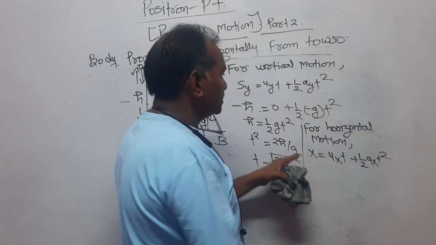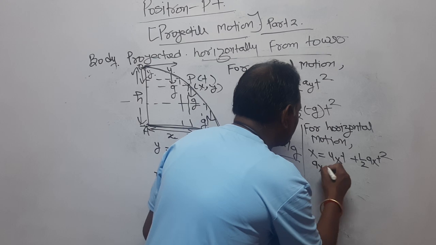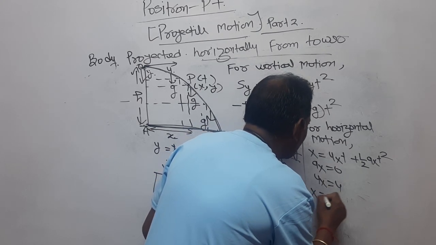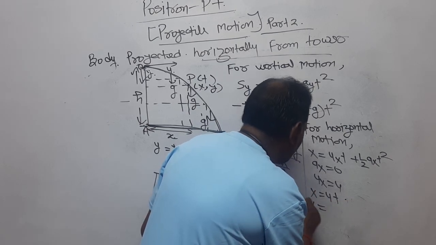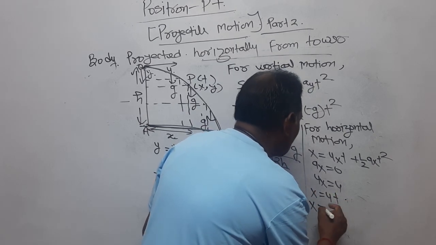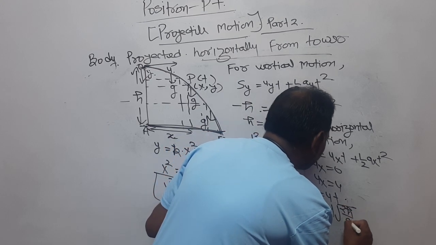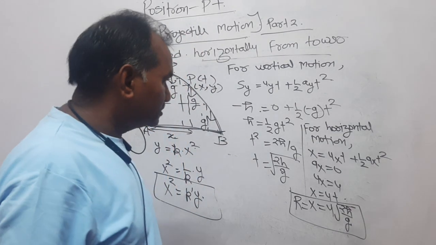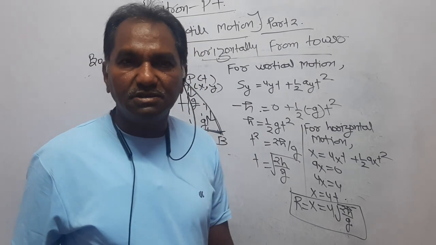First I have written this very equation for the horizontal motion. Now look here, ax equal to 0, ux equal to u. So x equal to u into t, and x, our range, equals u into t, where t is root 2h upon g in this case. So in this case, the range is going to be R equal to x equal to u root 2h upon g, right?